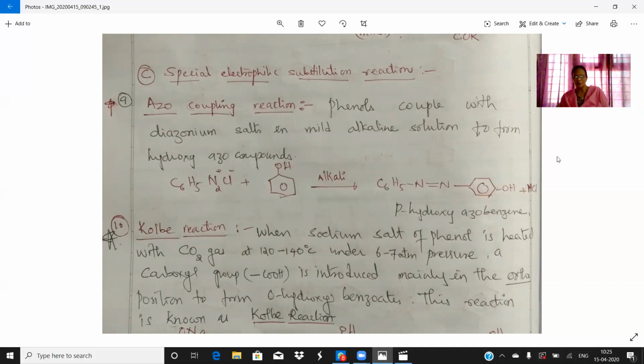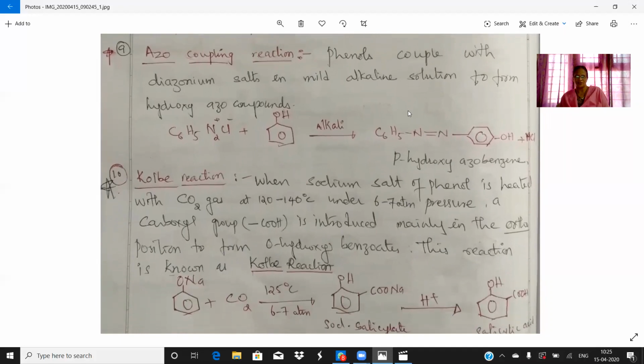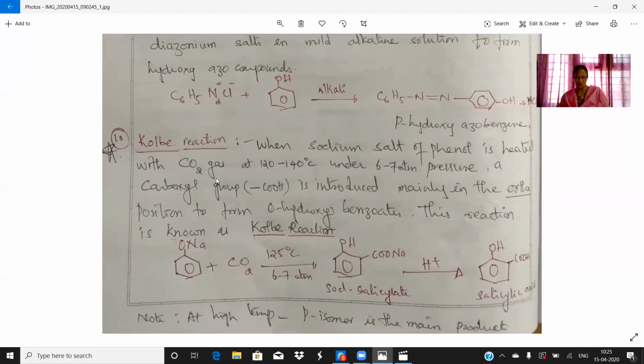The rest is the product obtained here, para hydroxy azobenzene, C6H5 double bonded N to C6H5, with the hydroxy at the para position. This is known as the azo-coupling reaction.